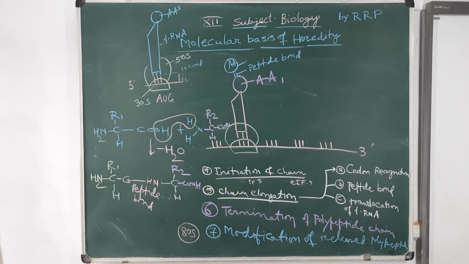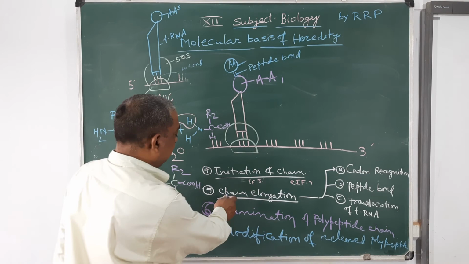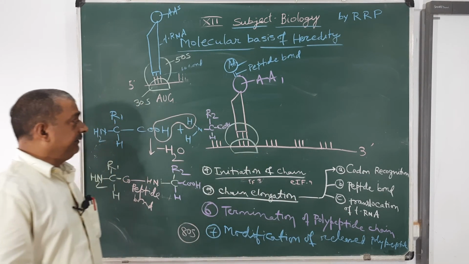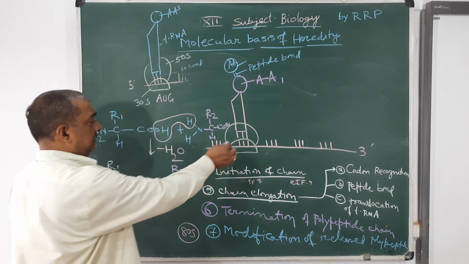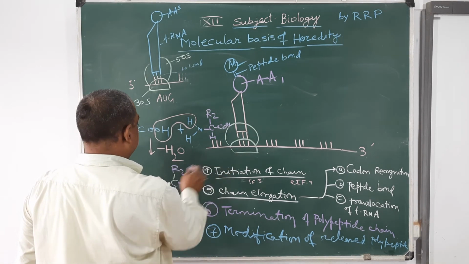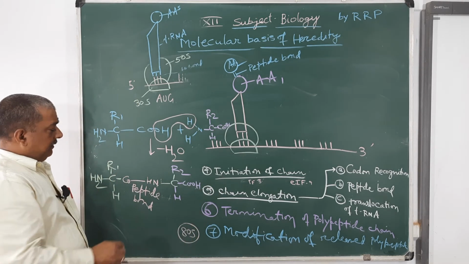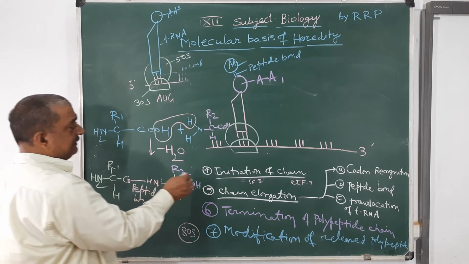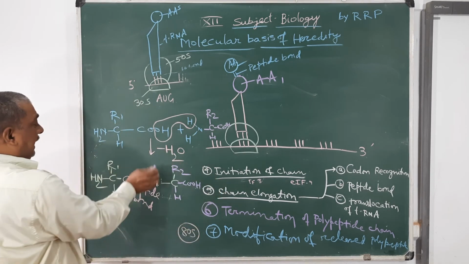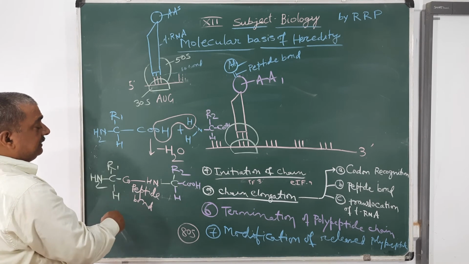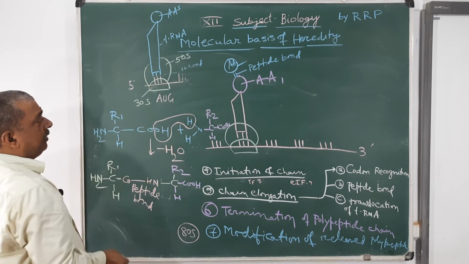And the third point inside chain elongation is translocation of tRNA. In this way tRNA is released from the E site, and in the presence of the enzyme peptidyl transferase, a peptide bond is formed between the two amino acids, and the next amino acid is joined and another peptide bond is formed.